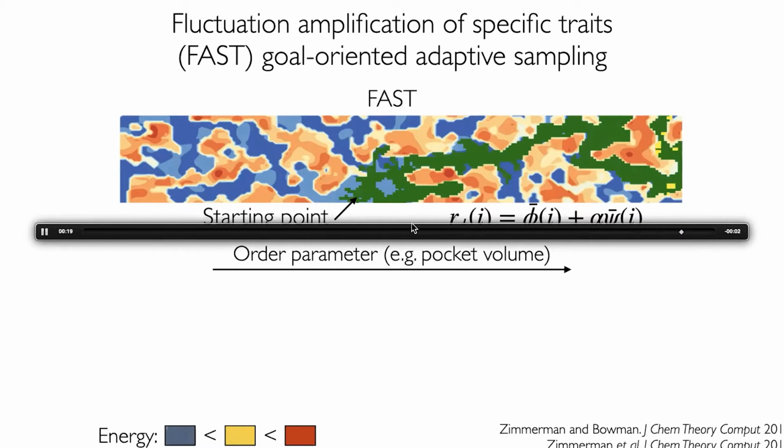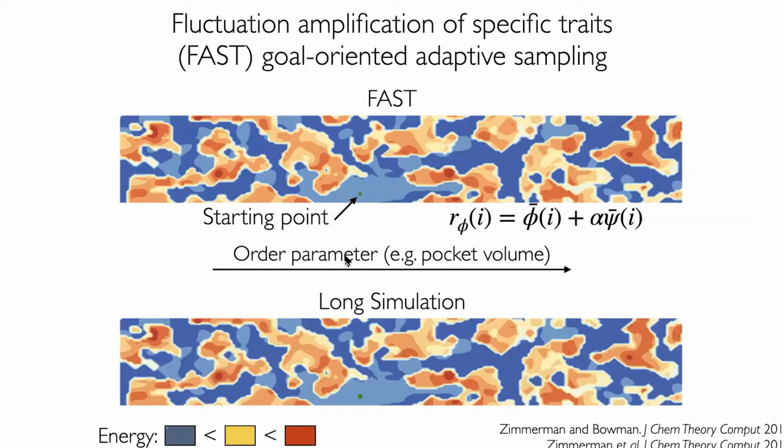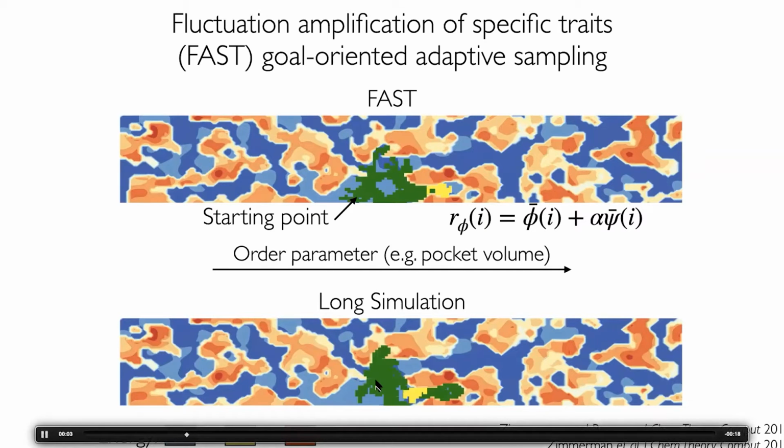Just to contrast that with what we would get if we perform the same amount of simulation without the adaptive component, we can do a little erase here. So at the top is the same movie I showed you before. At the bottom, we're just going to run 10 simulations and let them go doing their stochastic random walks around this space. And so what you can see is at the very beginning, they don't look so different. They both go over here and get stuck.